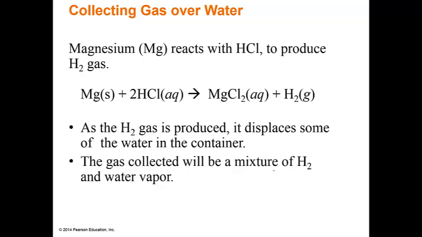So magnesium plus 2 moles of hydrochloric acid, aqueous, equals magnesium chloride, which is aqueous, and then hydrogen, okay? So as H2 gas is produced, it displaces some of the water in the container. The gas collected will be a mixture of hydrogen and water vapor. So we're going to have to sort that out, right?